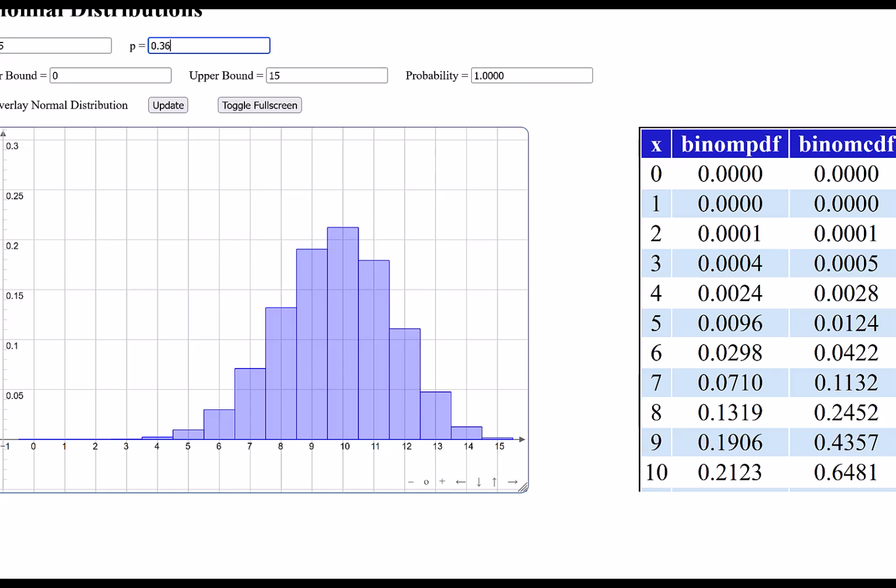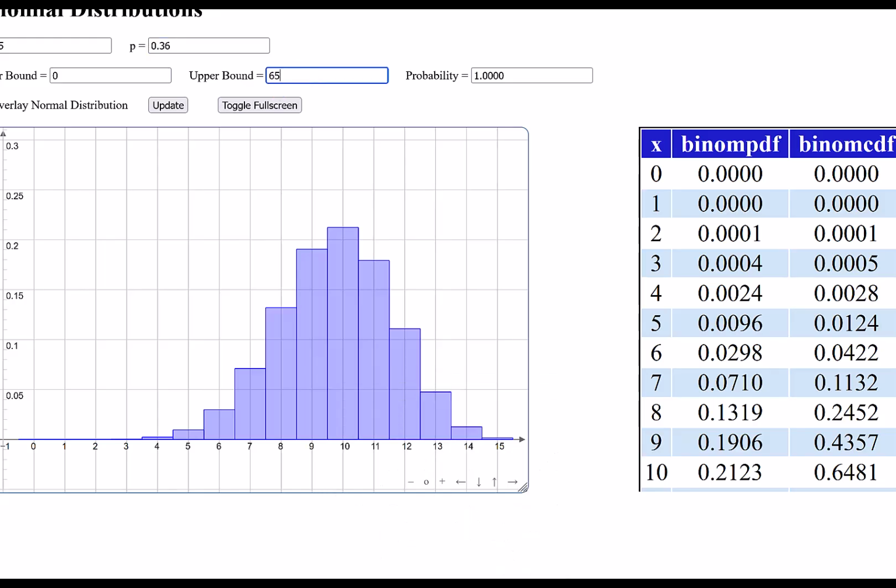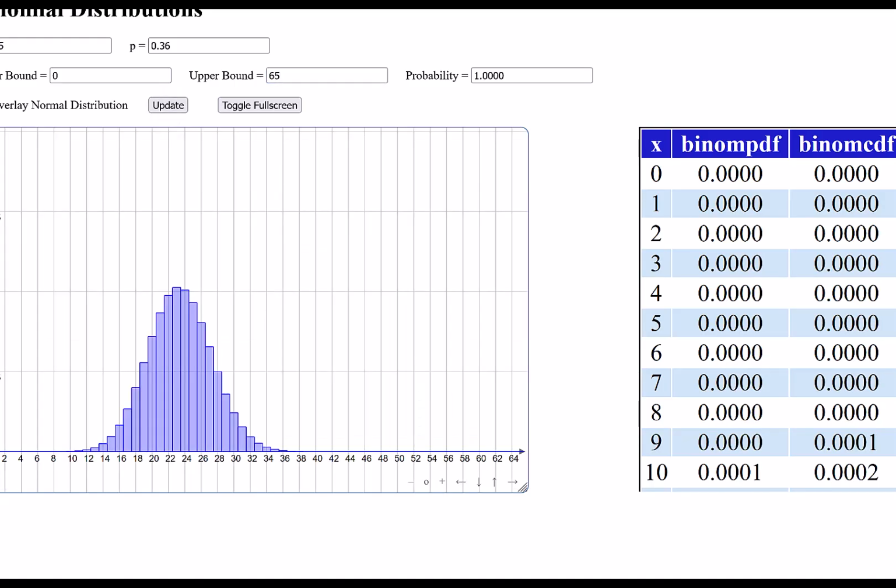I'll just set this as 65 for now, that's the maximum. It's going to show me the entire binomial distribution here for this value of n and this value of p.